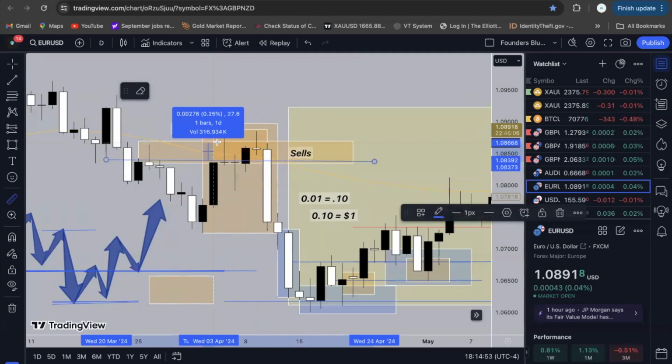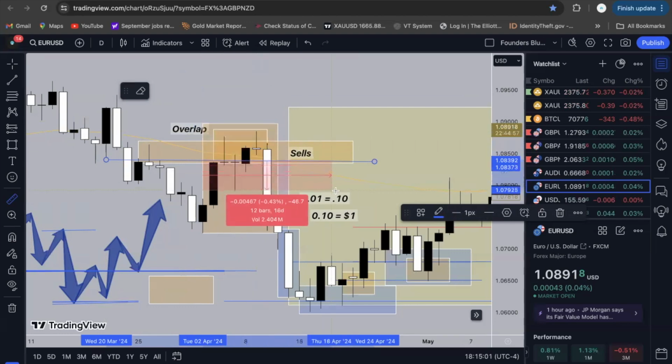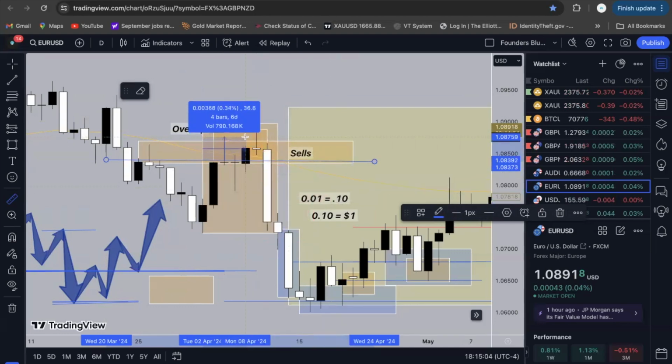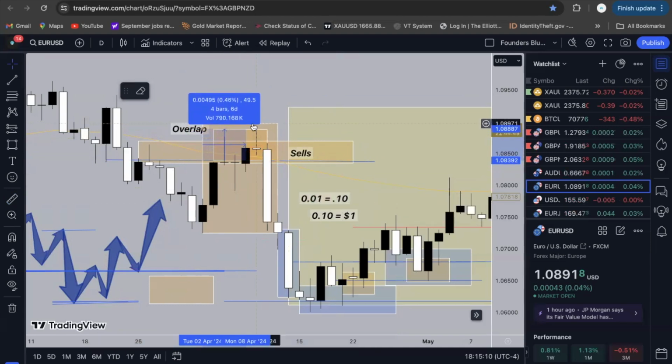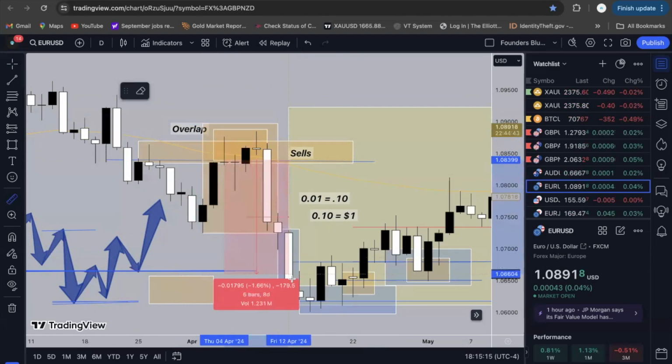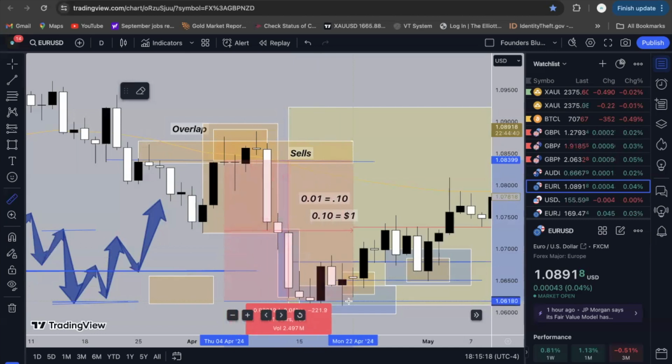It went against us about 43, 50 pips. On a 0.01, 10 cent, you're down $3 to $5. So you're risking $3 to $5 to gain $20, $22 on a 0.01. On 0.10 from here to here, that's $221.